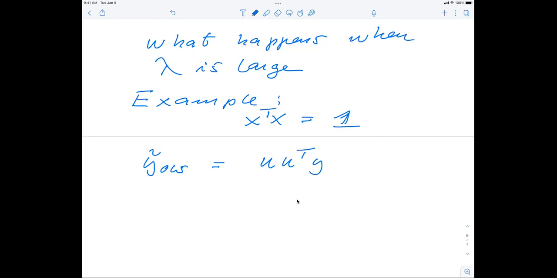If I, on the other hand, look at ridge, and I take this y ridge here, and I just plug in the unit matrix, what I'm going to get then is that this is simply going to be given by a matrix.